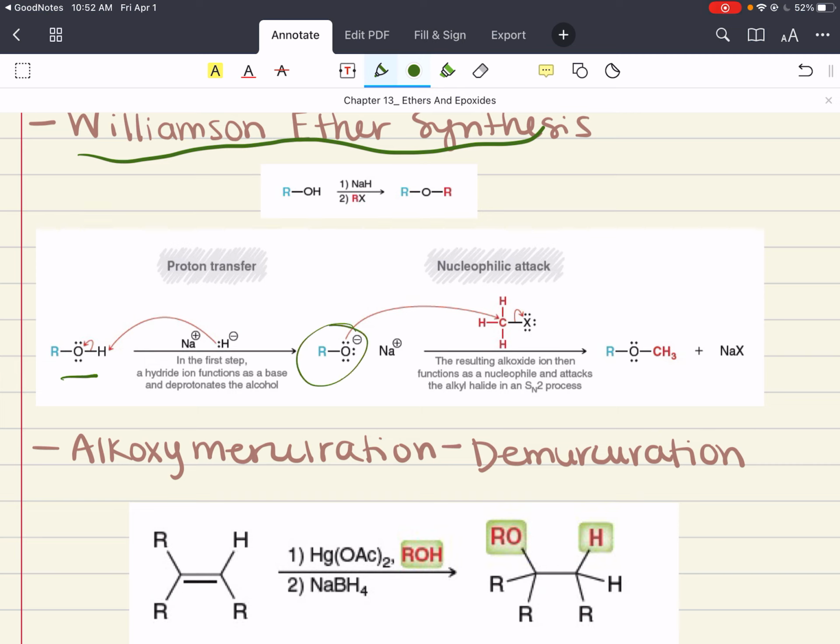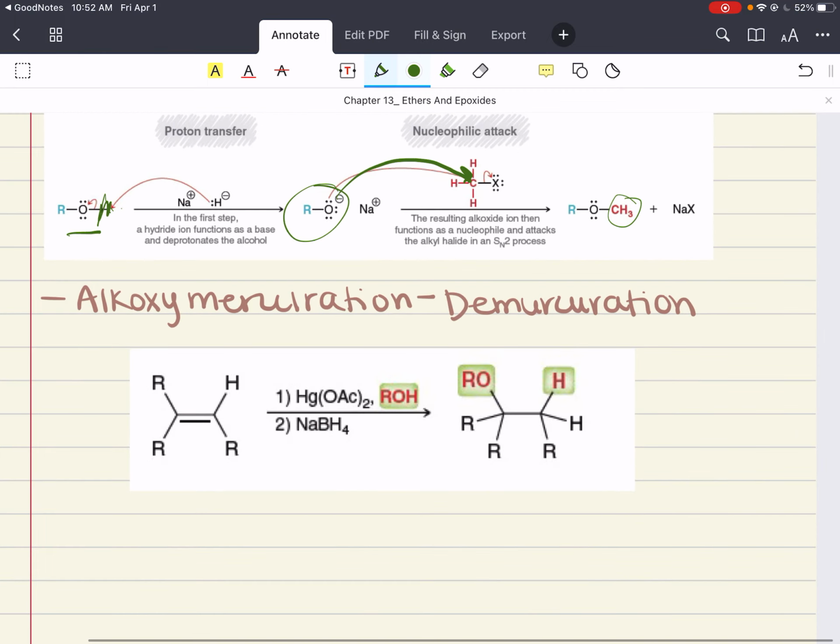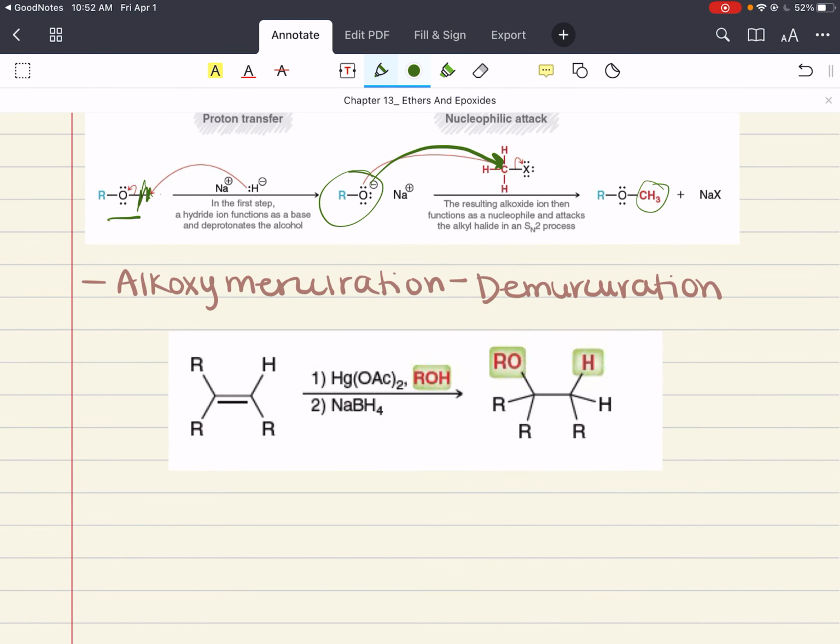And in the second step, this alkoxide ion functions as a nucleophile and then attacks an alkyl halide in an SN2 process. So the alcohol essentially loses the hydrogen to gain whatever R group is part of the alkyl halide in solution.